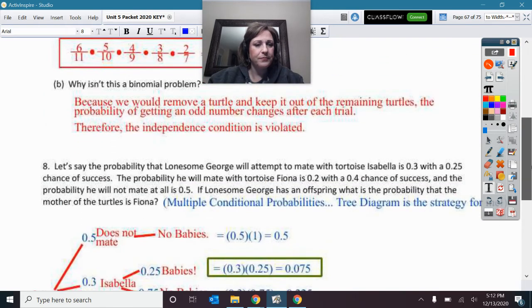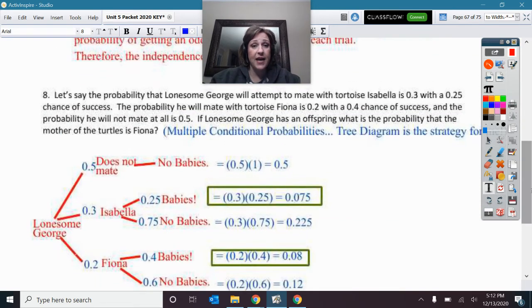All right. Okay, so here we have Lonesome George, and we've got multiple conditional probabilities, because depending on who Lonesome George chooses to go and mate with, that will affect the rate at which he is successful in having babies, or having some offspring.